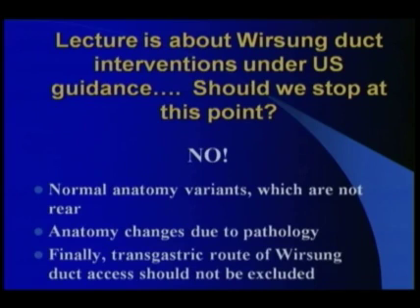Of course, we should keep in mind that anatomy may change due to the presence of some pathology like pseudocyst or necrotic pancreatic fluid collection, which can interrupt the anatomy and push away the stomach and bowel and enable us to access the pancreas. And finally, you should not exclude the transgastric route of Wirsung duct access.